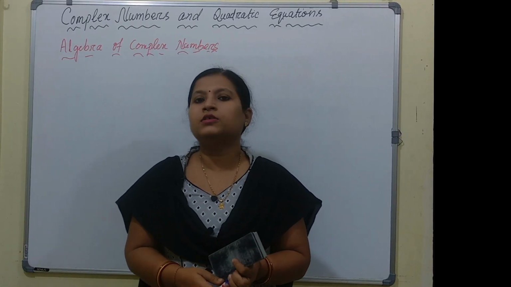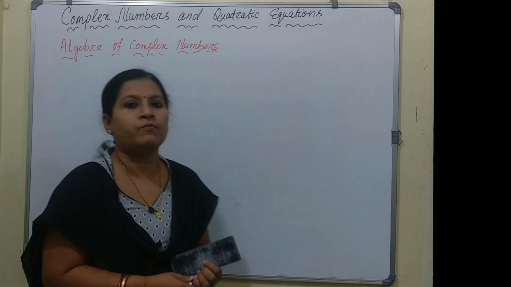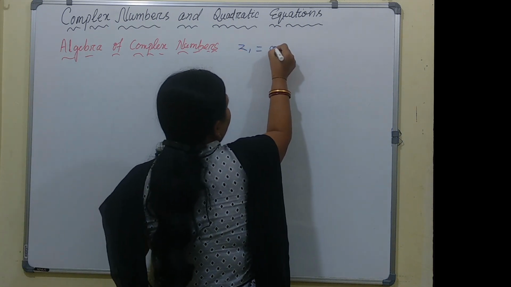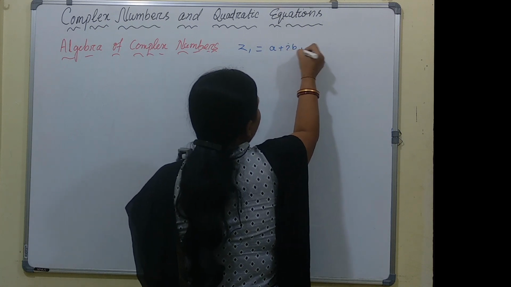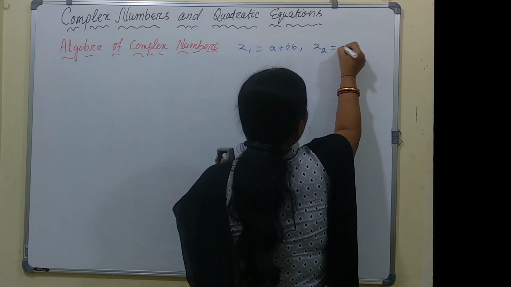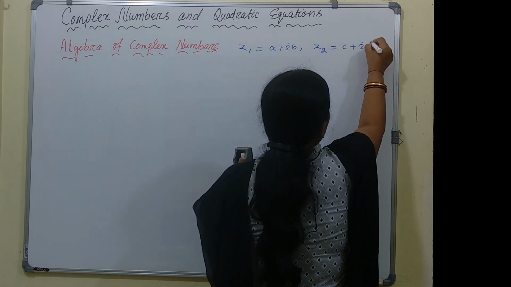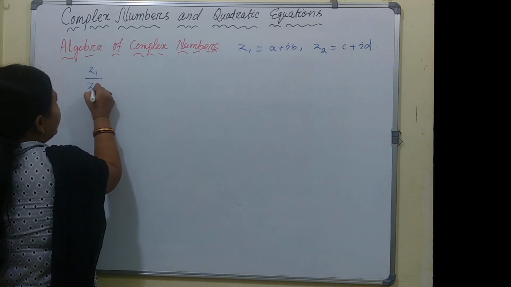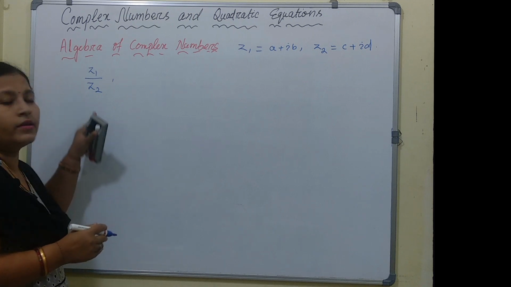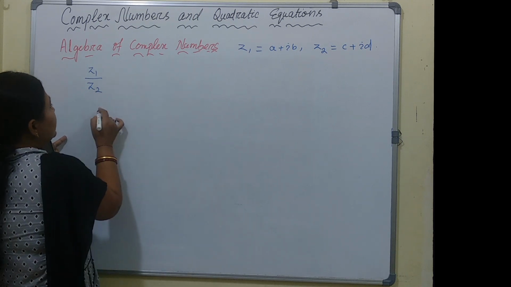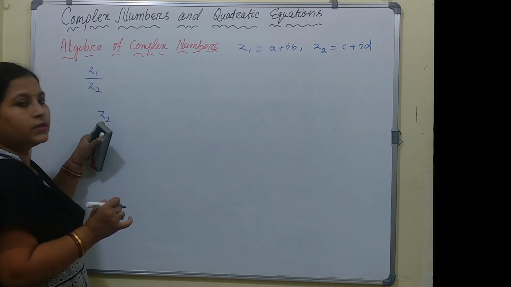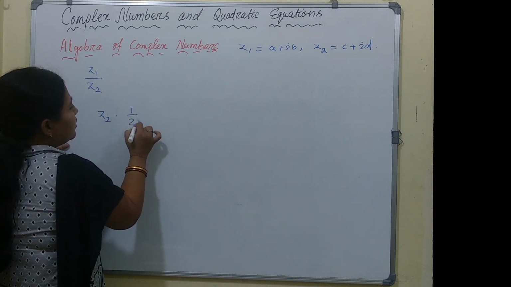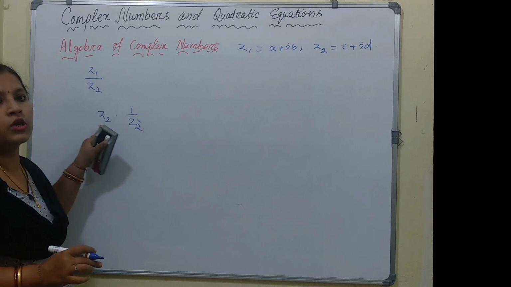Let us discuss the division of two complex numbers. If z1 is equal to a plus ib and z2 is equal to c plus id, we will define here z1 by z2. We have already discussed that if z2 is a complex number, then 1 by z2 is the multiplicative inverse of z2.